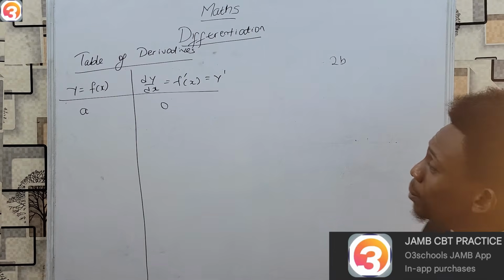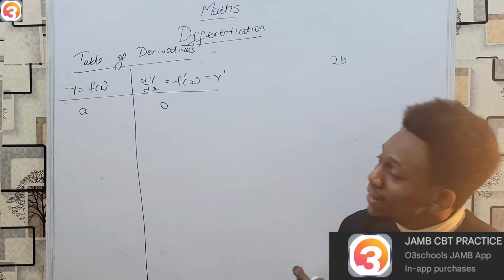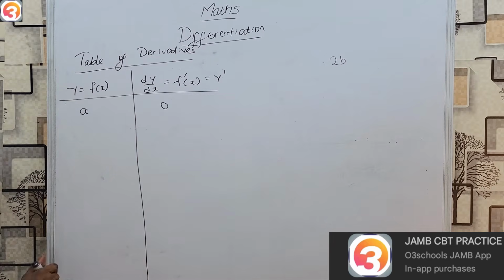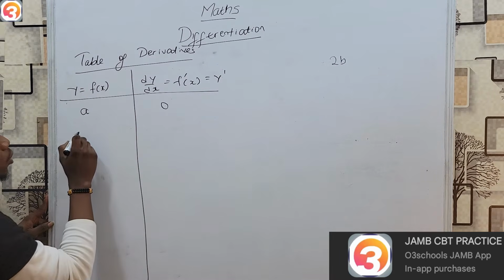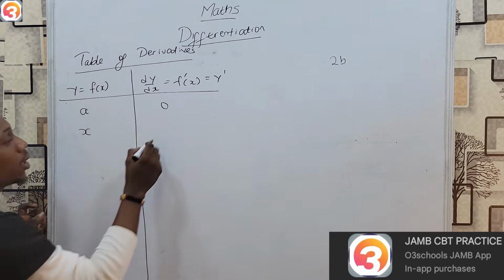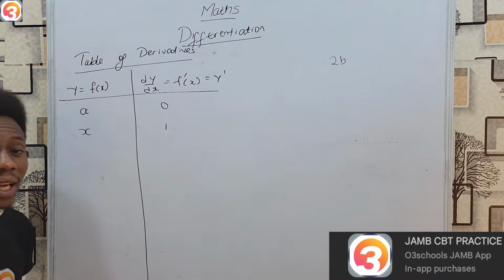As long as the variable I want to differentiate does not exist in my expression, my derivative is always 0. That's the first thing we must know. And secondly, if I was asked to find the derivative of simply x, my answer is 1. The derivative of just x always gives you 1.